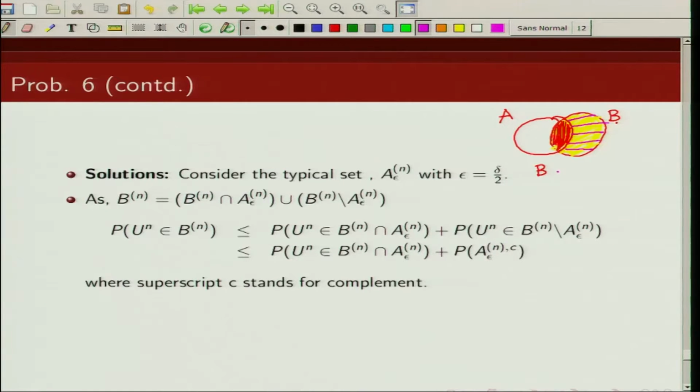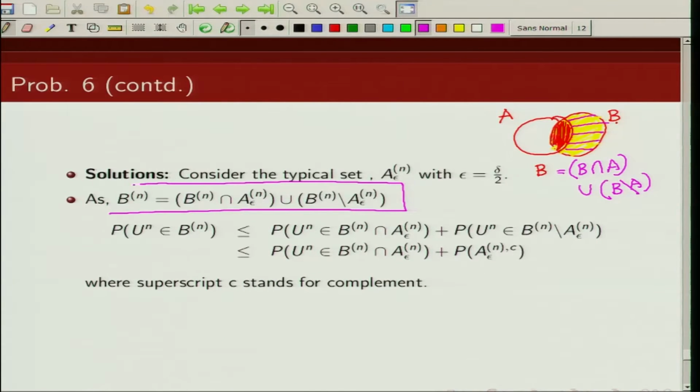So I can write B as B intersection A union B minus this set A. So that's what I am writing here. I am writing this B^n as B^n intersection the typical set union B^n minus the typical set.